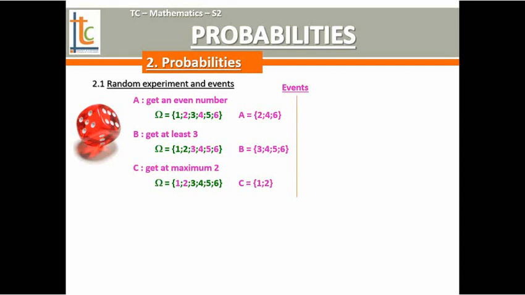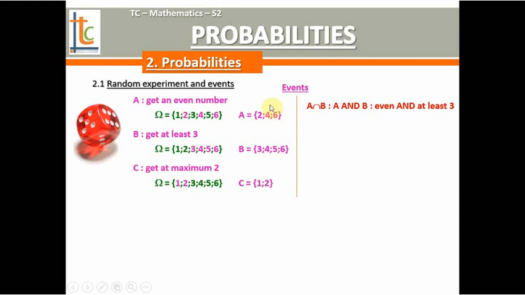So since we saw that an event is a set, we can do with events what we can do with sets: intersections, unions, and complement. So for example, A inter B means A and B. So you want the elements that are even and at least 3, which means here 4 and 6.